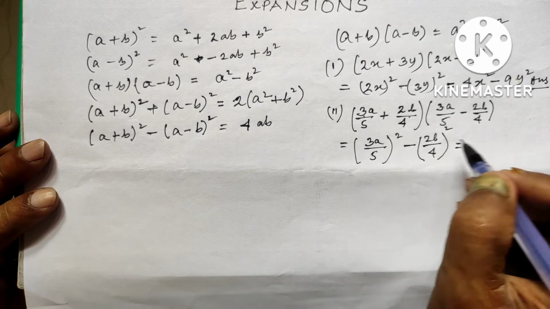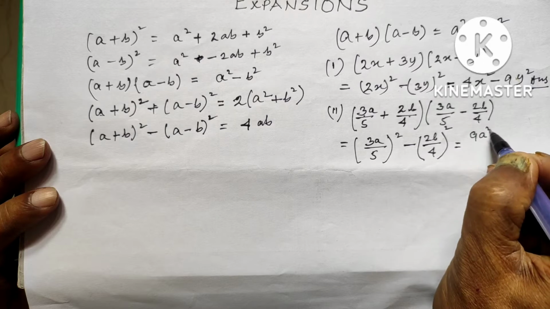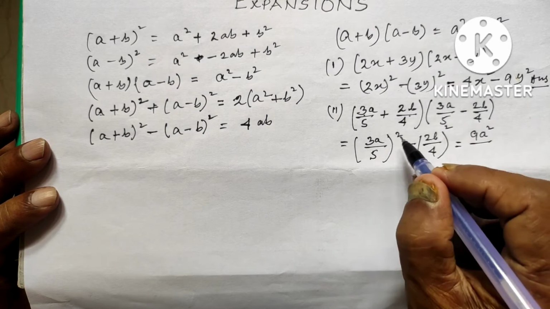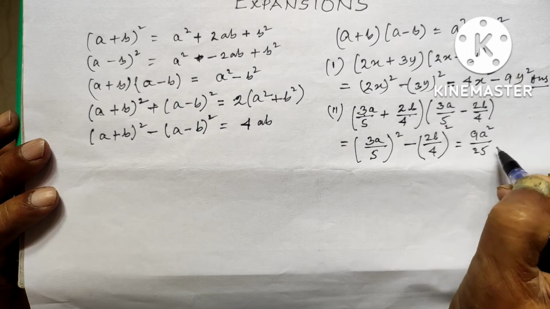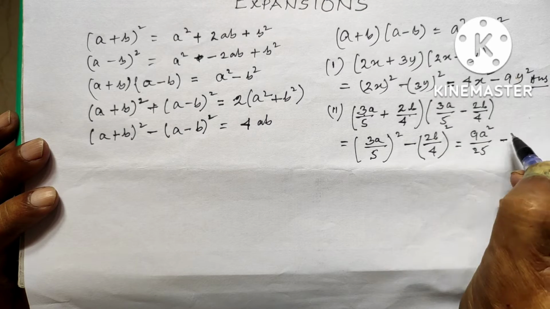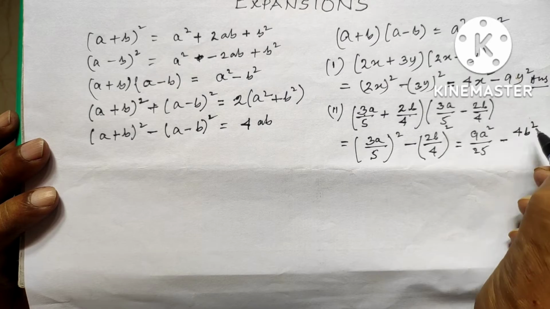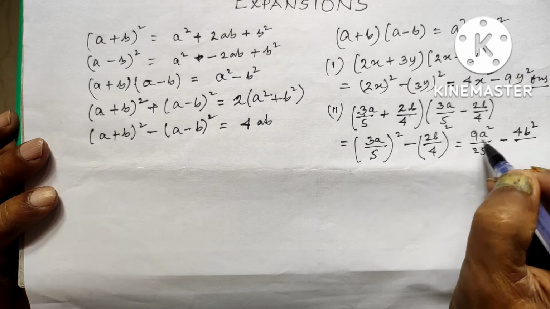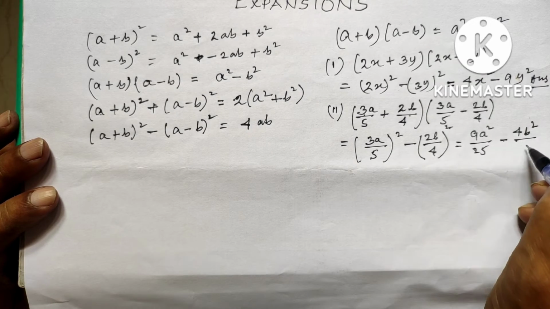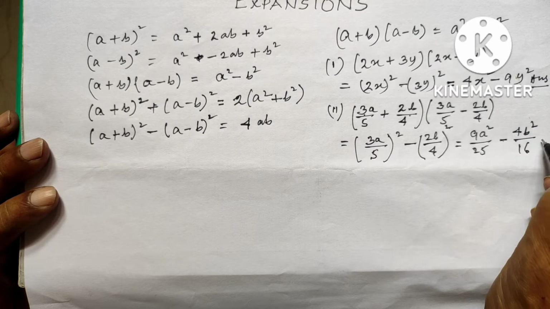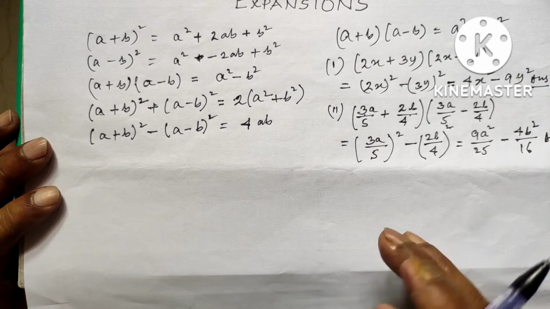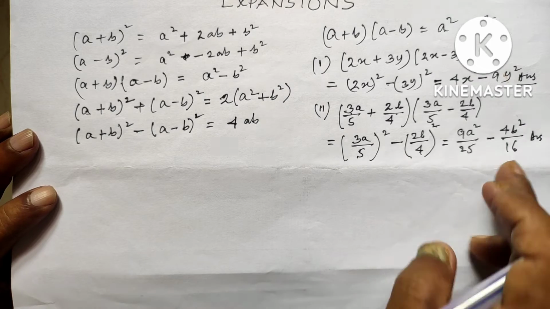You are going to get 3 threes are 9, 9a square, 5 fives are 25, 25, minus 2 twos are 4, 4b square, and this is also squared, 4 fours are 16. So this is your answer.